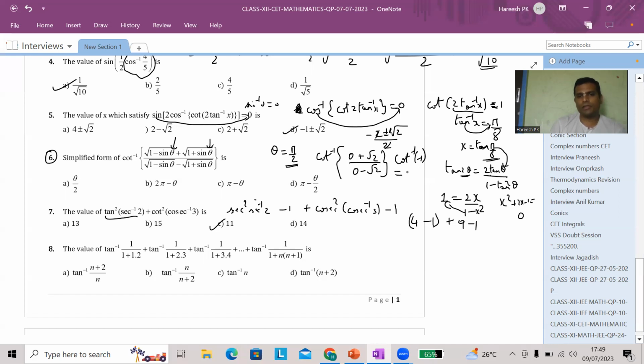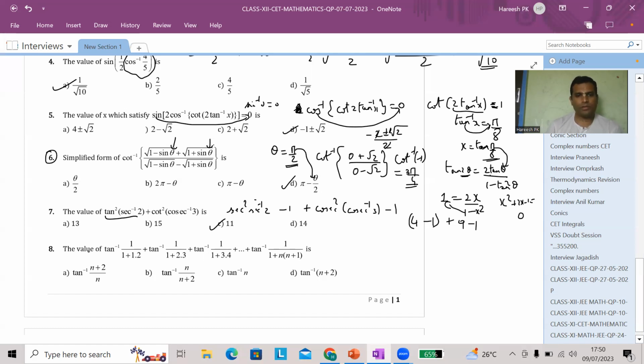And cot inverse minus 1 is 3 pi by 4, right? Now you'll have to see which is the right answer. It's so obvious that the answer must be D, because if I substitute theta as pi by 2, pi minus pi by 4 gives me 3 pi by 4. So that is the answer.